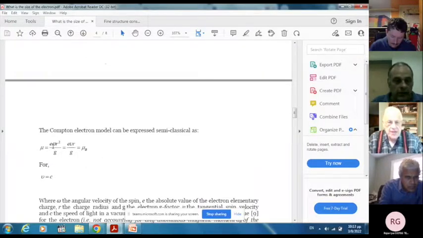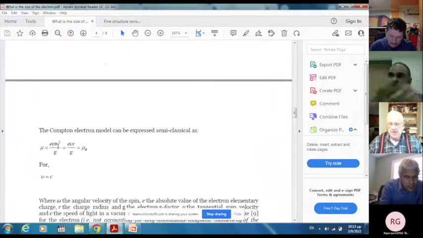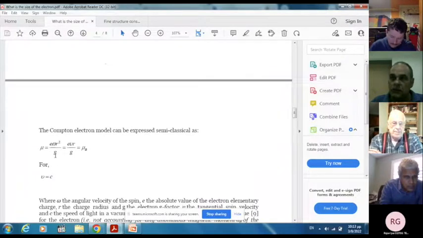So this is the angular momentum, because Goudsmit and Uhlenbeck said that it's actually physically spinning, so it has an angular momentum. This is the radius, the electron charge, the g factor, which is equal to 2. And we know that the magnetic moment of the electron is 1 Bohr magneton.